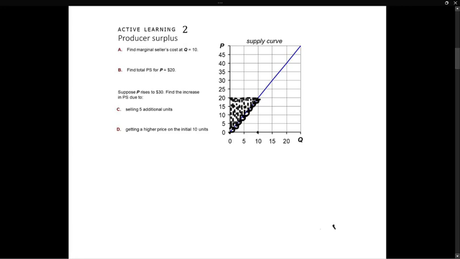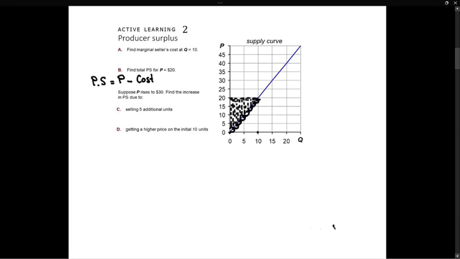First of all, producer surplus, once again, is the difference between the price that the seller actually receives and the seller's cost, which is indicated on the supply curve. What would be the overall producer surplus at $20? We can calculate that.